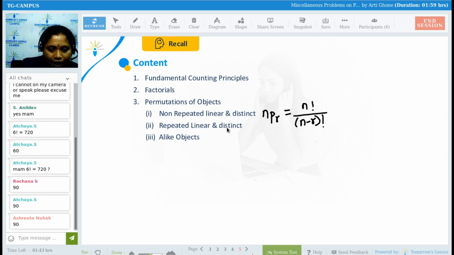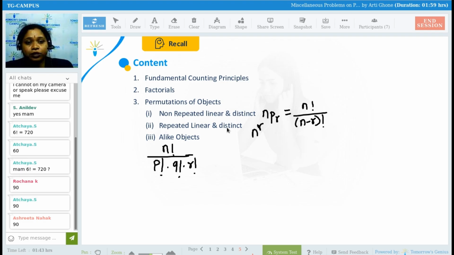In repeated, linear and distinct objects, the permutation is done with n raised to power r. And for alike objects, the permutation is n factorial upon p factorial into q factorial into r factorial. Clear? You're finding in your mind the difference between all three kinds of permutations. Yes or no?